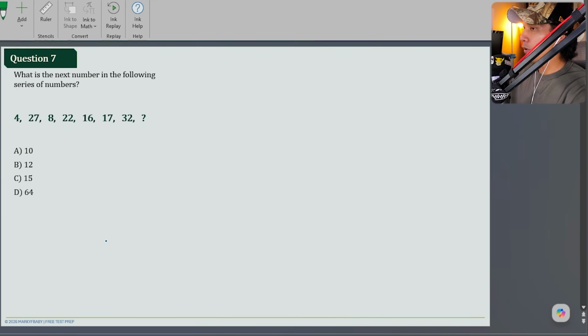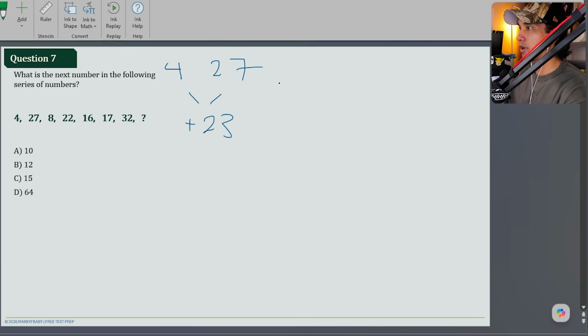All right, so what I would usually do is write everything out, okay? 4 to 27, all right? 4 to 27, what is happening here? Right, that's plus 23. Well, what's happening from 27 to 8? That is minus 19, right? 19, 8, is that right? Yeah, that is right. 27 minus 19 equals 8.